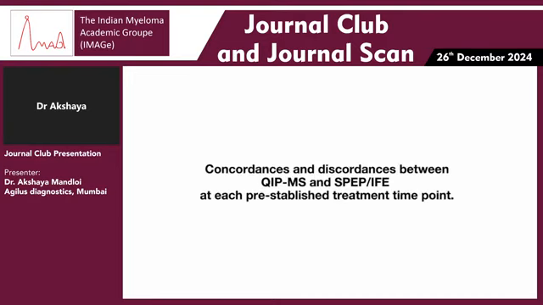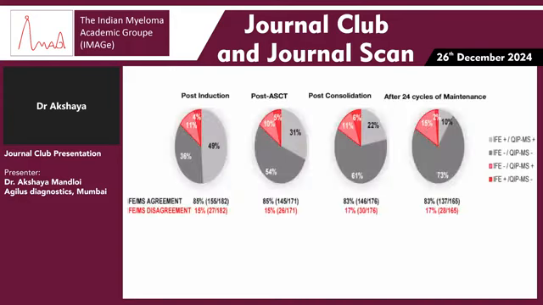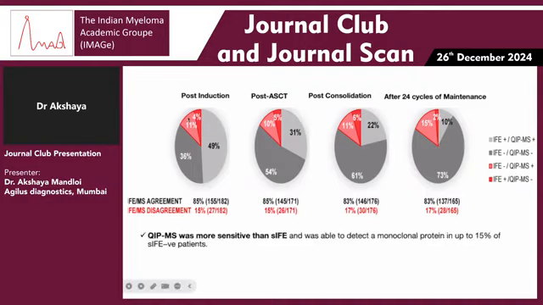So first, the authors have described the concordance and discordance between mass spectrometry and the traditional methods of M protein detection. Here, the shades of gray are representing the agreement seen between IFE and mass spectrometry, while the shades of red are giving us the disagreement.